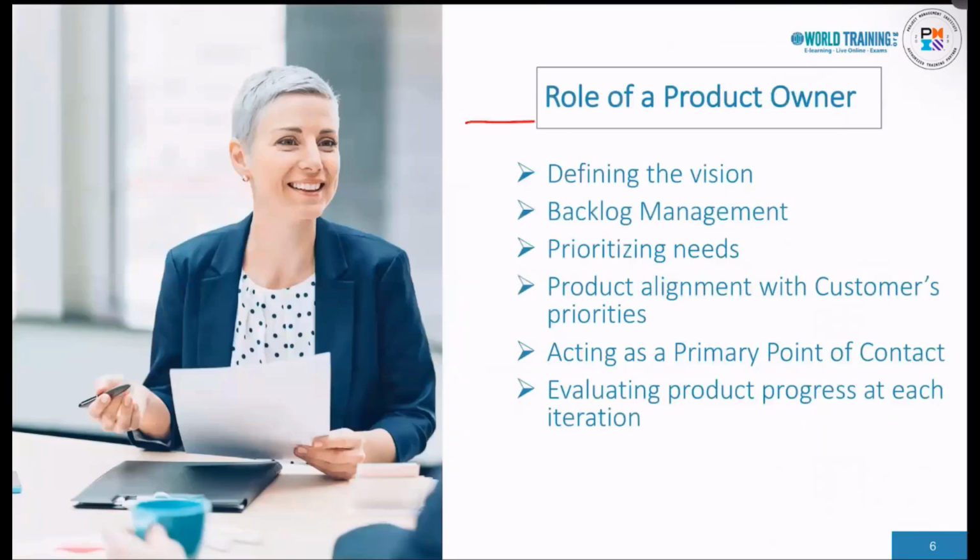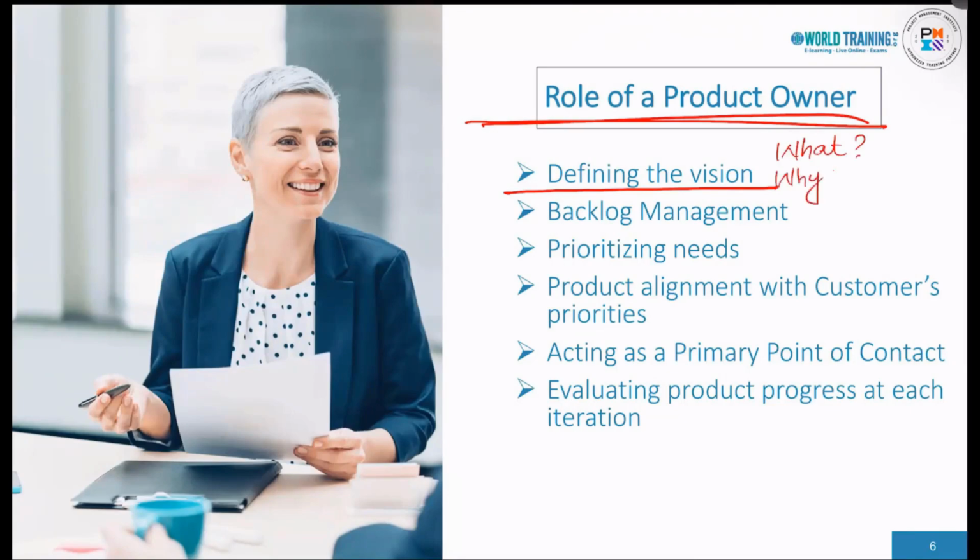First is product owner. Product owner defines the vision, that is, what we are building and why we are building it. What's the motivation behind developing a particular product? As discussed earlier, product backlog management is one of the key responsibilities of the product owner.